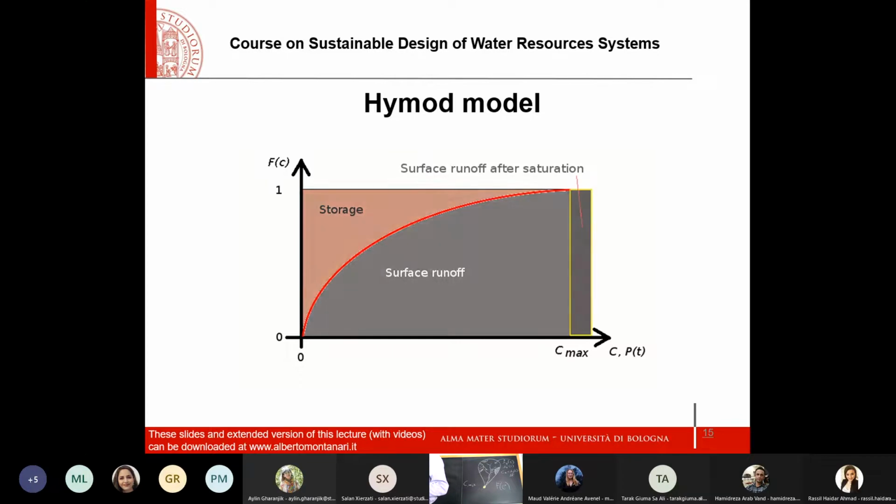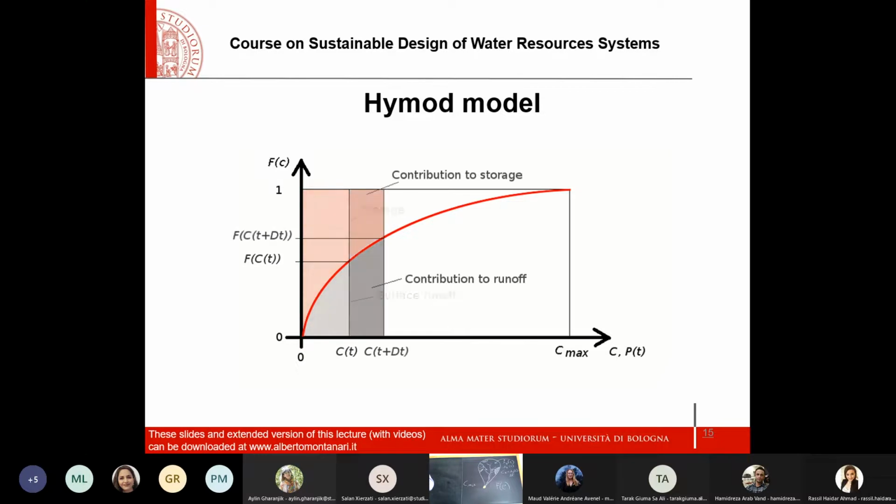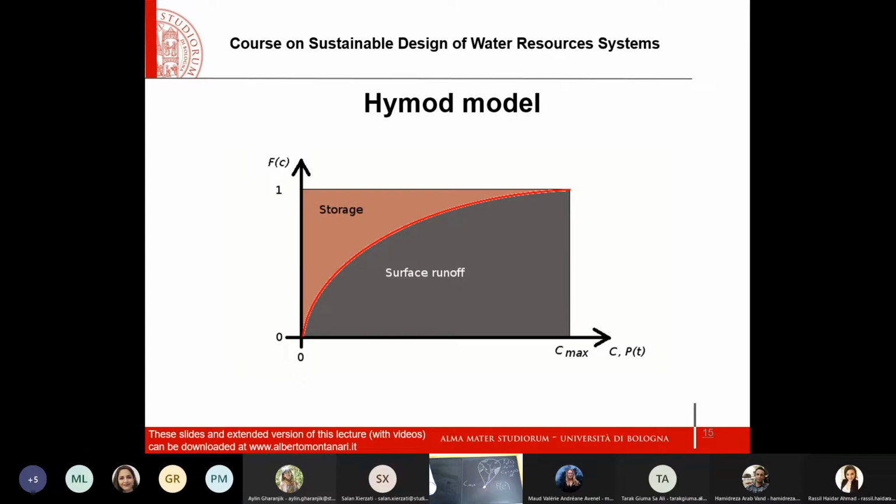What I consider a bit complicated is understanding this mechanism. I just want to tell you that these kinds of models were proposed in the 80s, when computing resources were not so powerful.